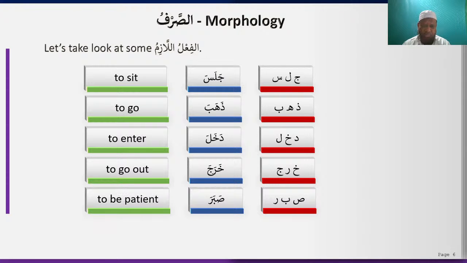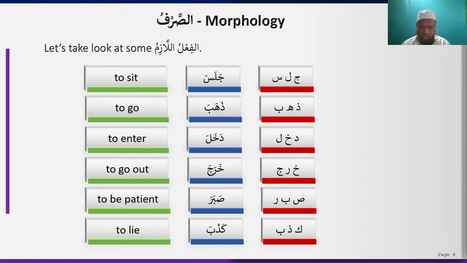Then صاد باء راء, صبر, to be patient. كاف ذال باء, كذب, to lie, or كذب. Sometimes the عين الكلمة can have a فتحة, or a كسرة, for this verb كذب or كذب, lie.